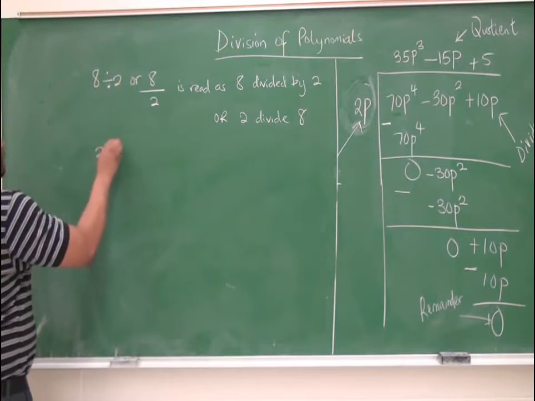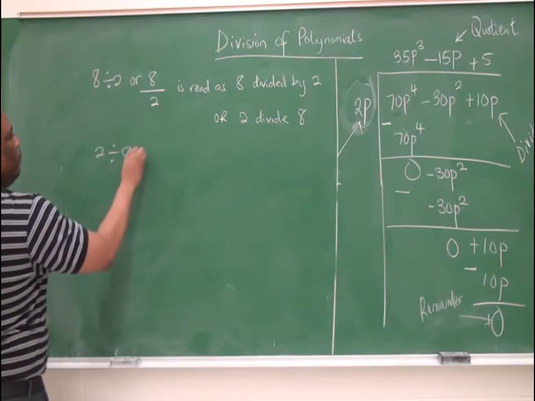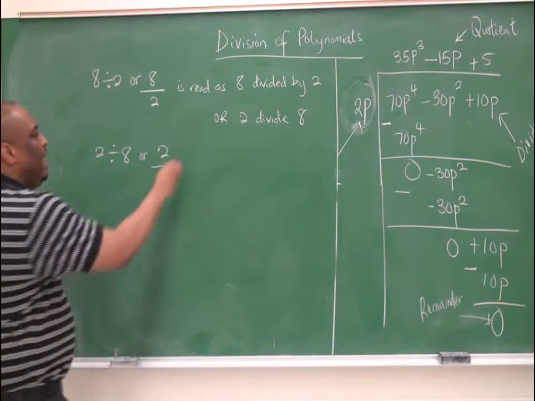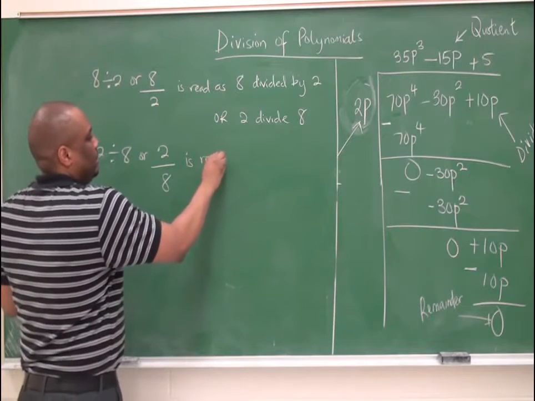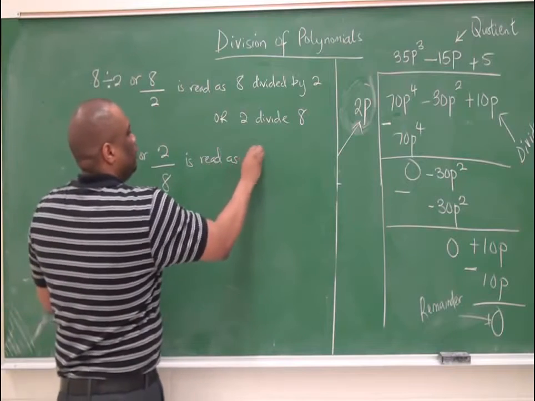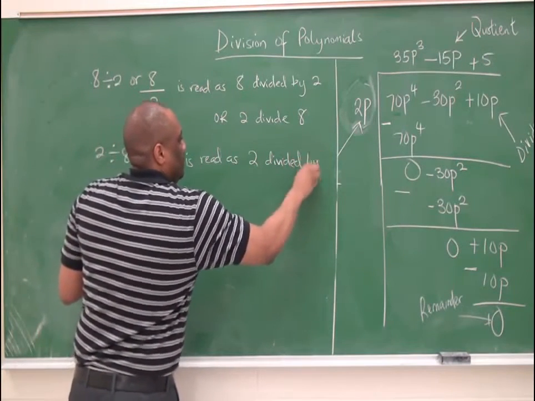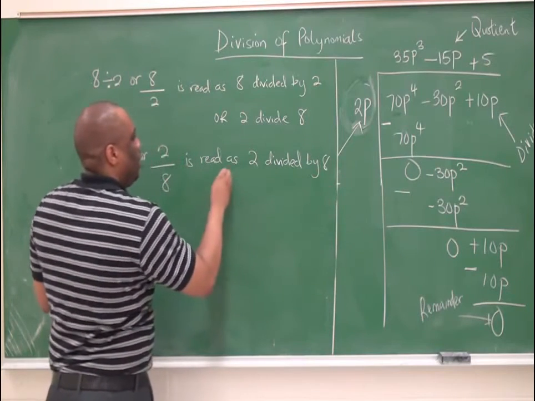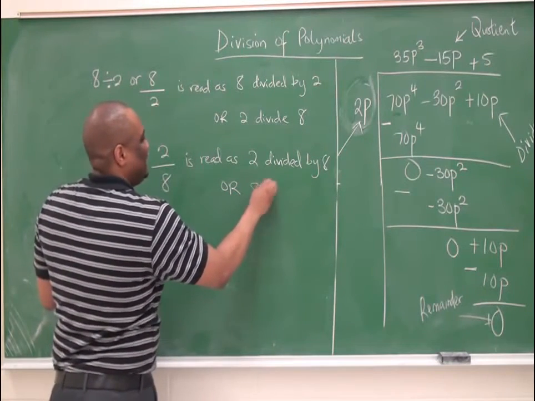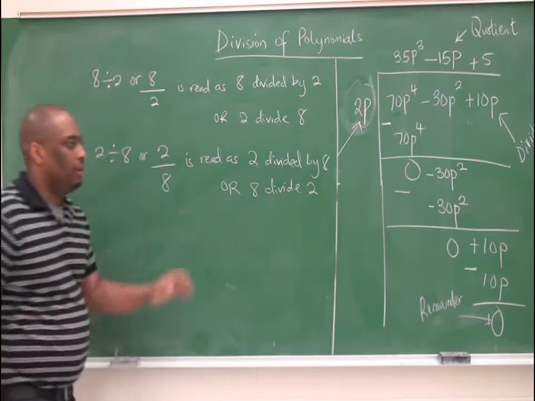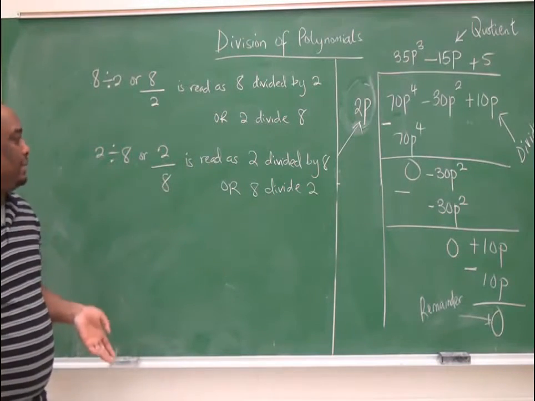Now, what if we have 2 divided by 8? We can write it as 2 over 8. It's read as 2 divided by 8, or 8 divide 2. That is what it's read as.